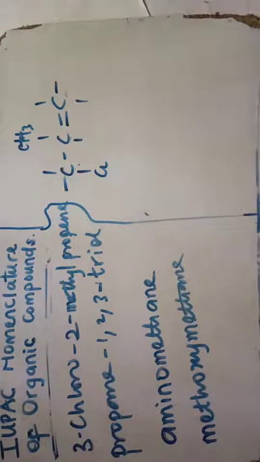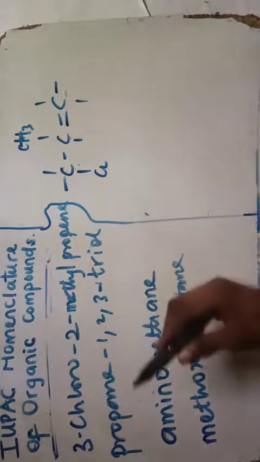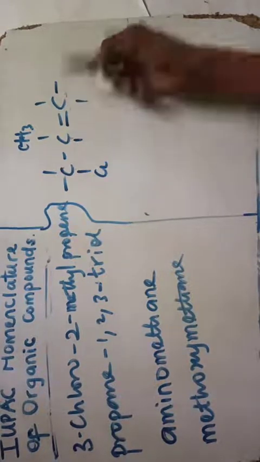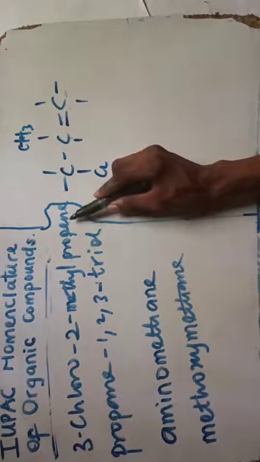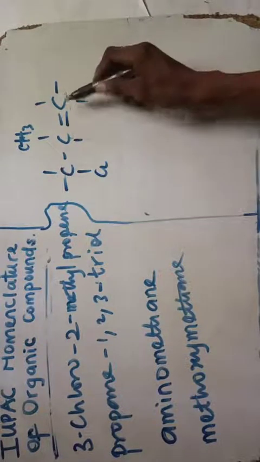So now we have a double bond there. If I number it 1, 2, 3 the wrong way, it will disregard this answer as prop-3-ene, and that is just propane.